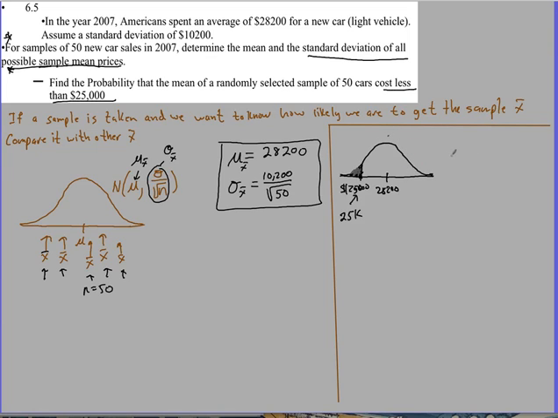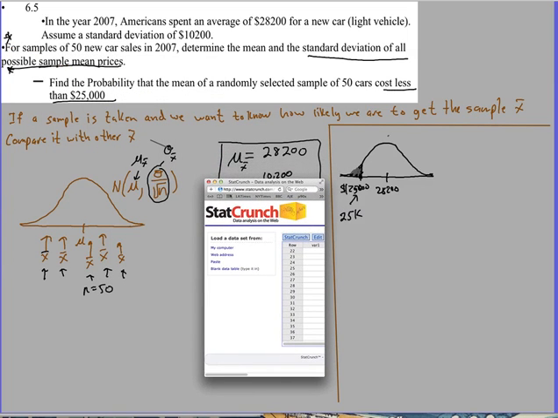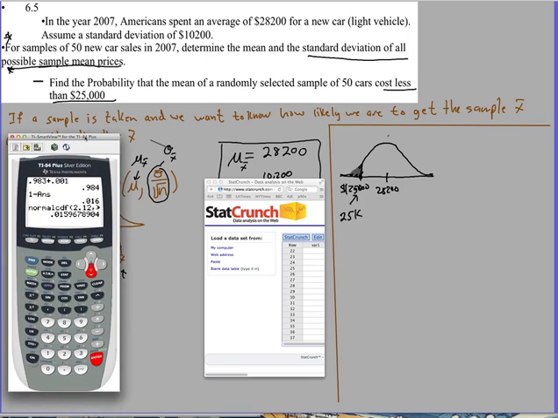Okay, so now what we have to do is find this. We have to use our StatCrunch. We pull our StatCrunch out, and let me pull this out just so I can get my mean and standard deviation.